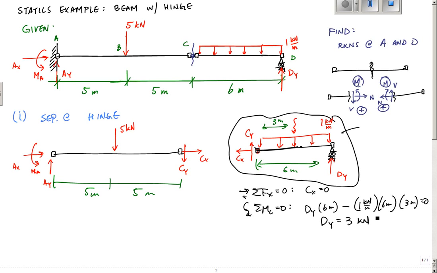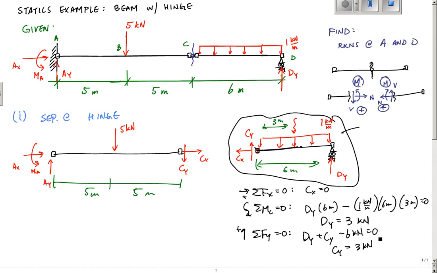And then from the sum of the forces in the y equal to 0, positive this way, dy plus cy minus 6 kilonewtons equals 0. That would make cy also equal to 3 kilonewtons.